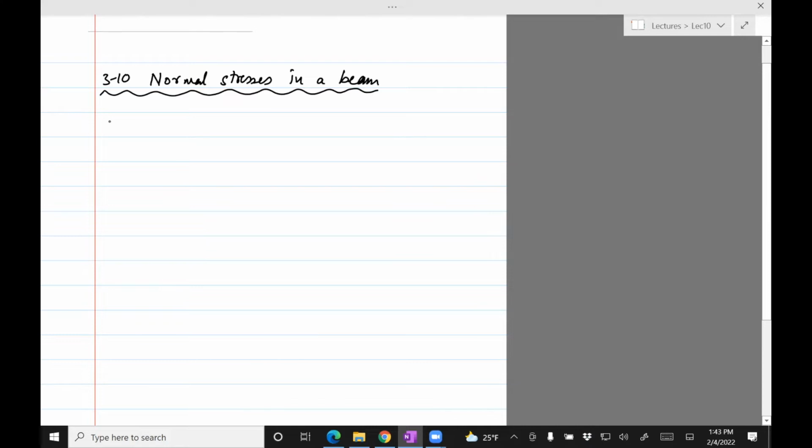Okay, so assume there's a beam, and then it's subject to a moment M. If it is subject to a pure bending moment, which is sort of trying to curl it into the shape of an arc, something like this.